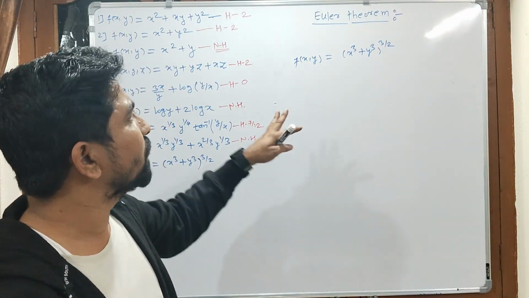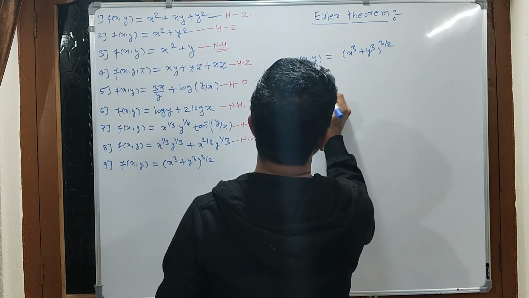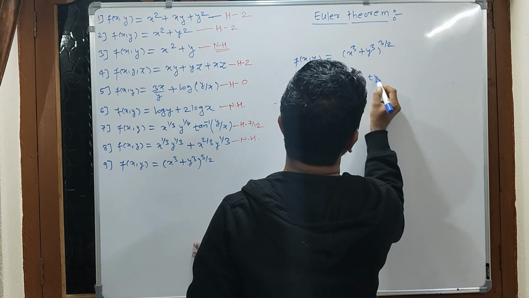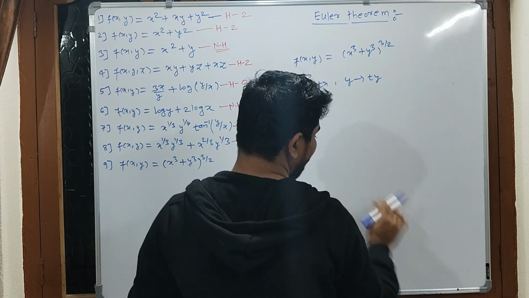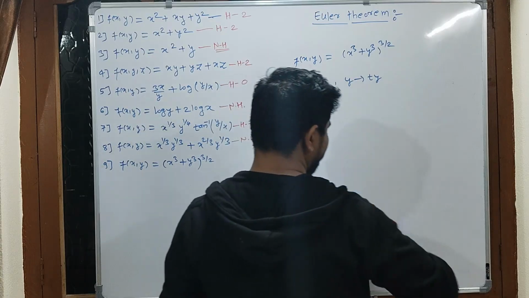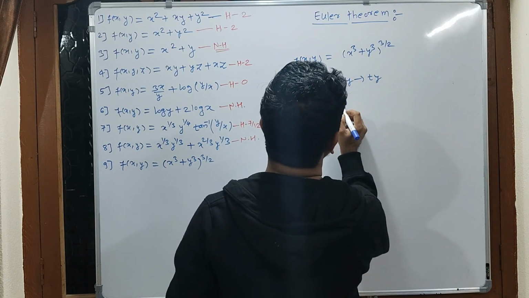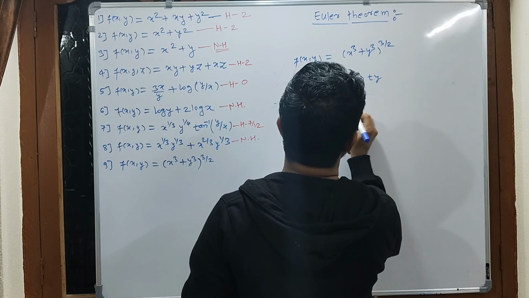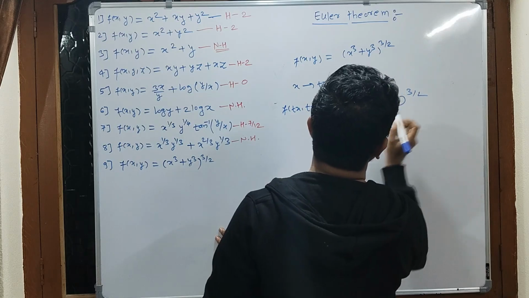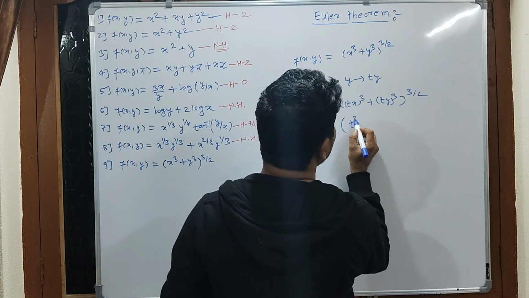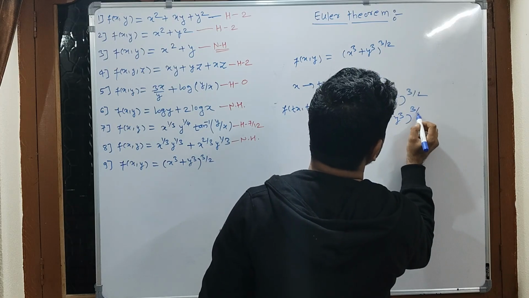Now I want to check whether this function is homogeneous or not. Here replace x by tx and y by ty. So f of tx comma ty is equal to (tx whole cube plus ty whole cube) to the power 3 by 2, which is equal to (t cube x cube plus t cube y cube) to the power 3 by 2.